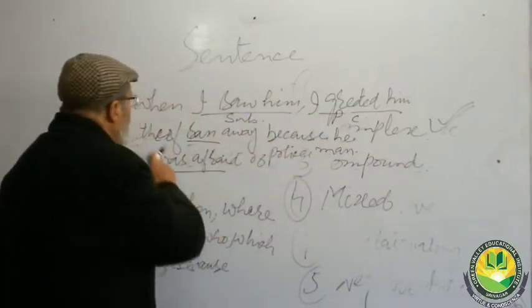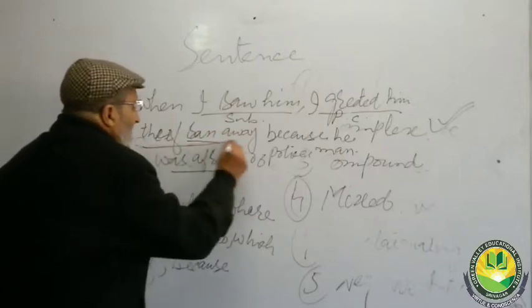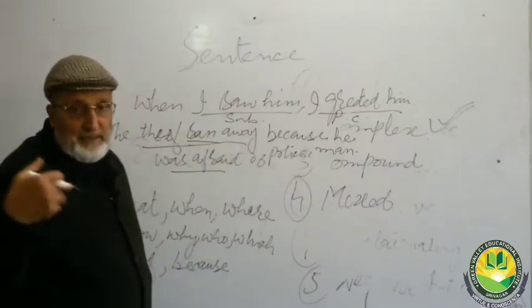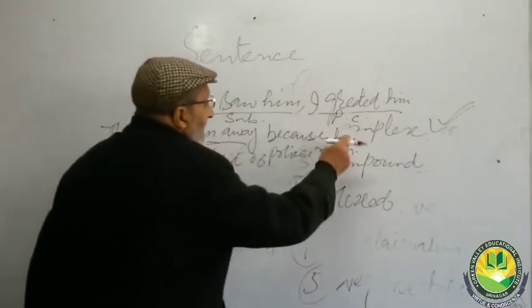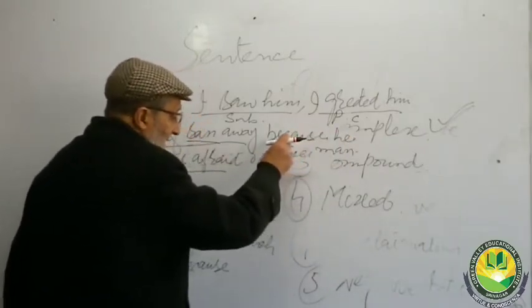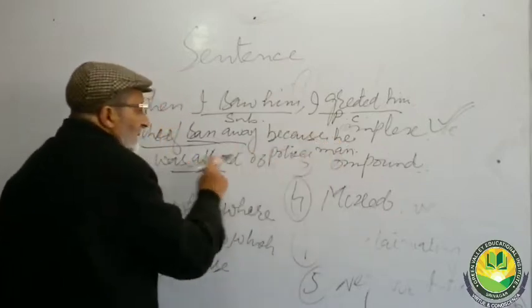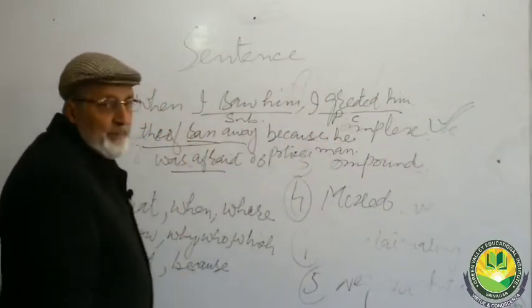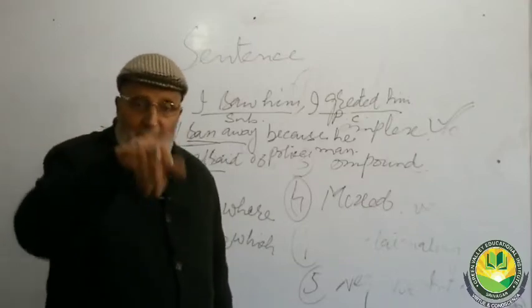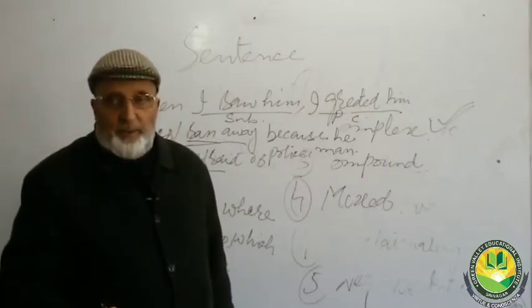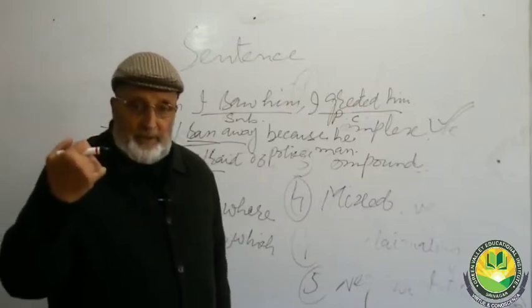Here again, the thief ran away acts as the principal clause because it doesn't take up any connective, while this one, starting with because, is a connective, so it is a subordinate clause, subordinate to the principal one. Of course, subordinate clauses can be subordinate to each other also, not only to the principal clause, but to each other also.